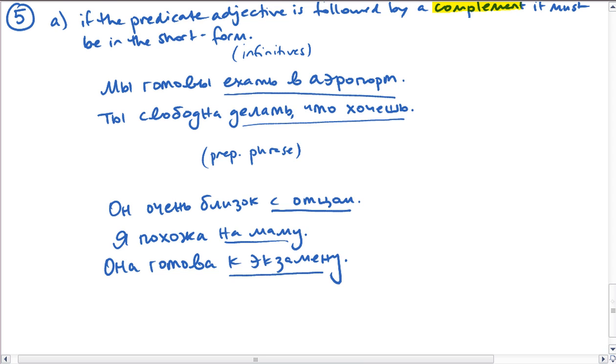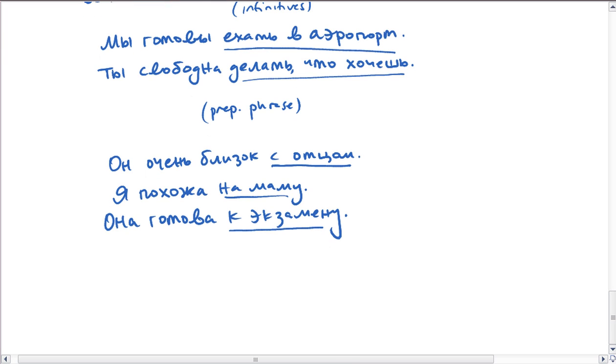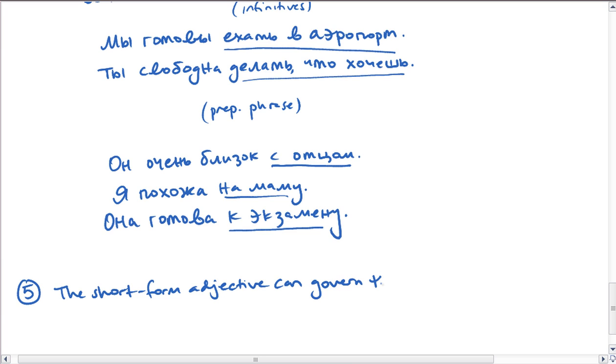And the short form adjective, because it's functioning as a predicate, can govern the case like a verb would, right? So the short form adjective can govern the case like a verb.